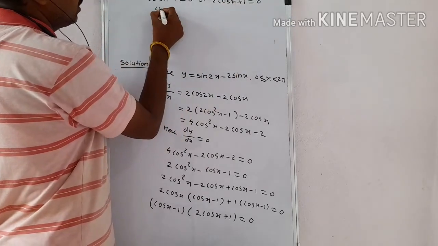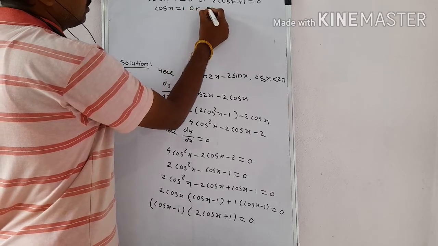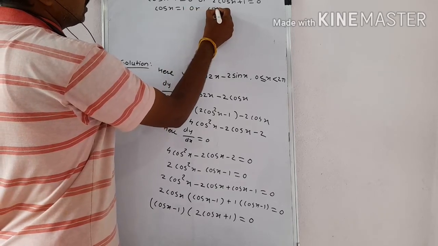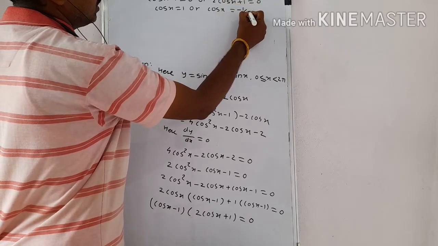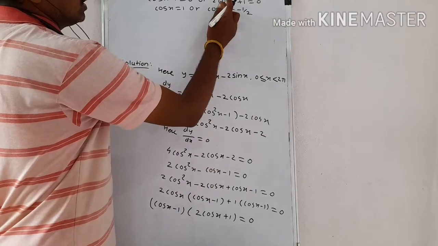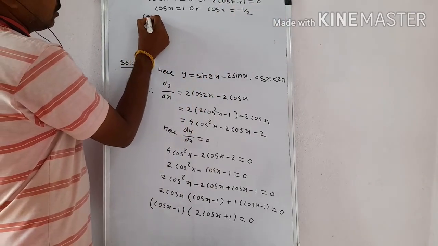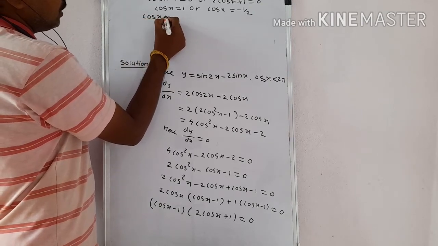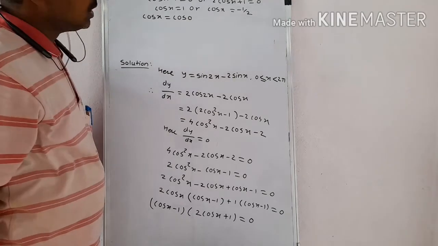Therefore we get here cos x equal to 1, or cos x equal to, second value we get minus 1 divided by 2. Now here, for which angle cosine value is 1? For 0 angle cosine value is 1.